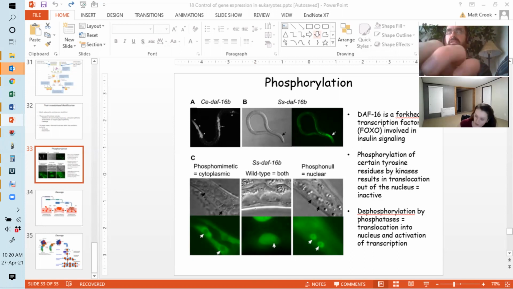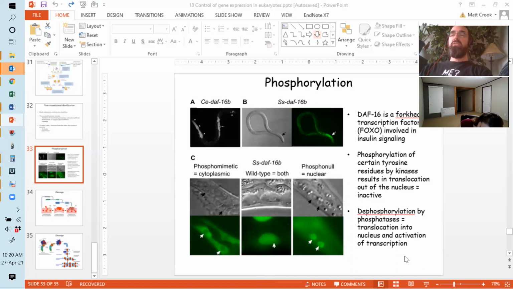It's serine, threonine, and tyrosine residues. So obviously proteins quite often have more than one of those. So that kind of shows you how much you can do potentially in terms of phosphorylation.